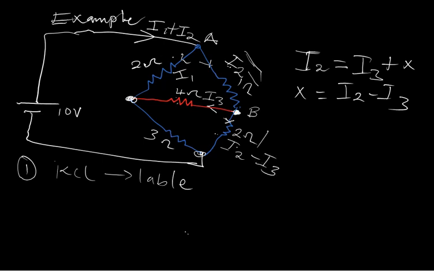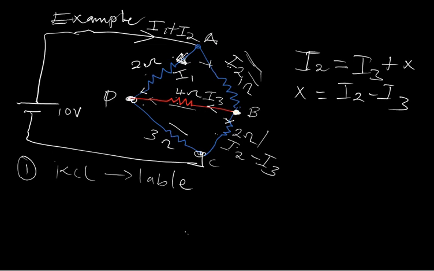All right, I still have one more resistor to label. Let me go through this part. I1 passes through this 2 ohm resistor, and it is going to come to this junction. Let me call this junction D. I1 is coming towards junction D, and I3, as it passes through this 4 ohm resistor, will still meet at this junction.